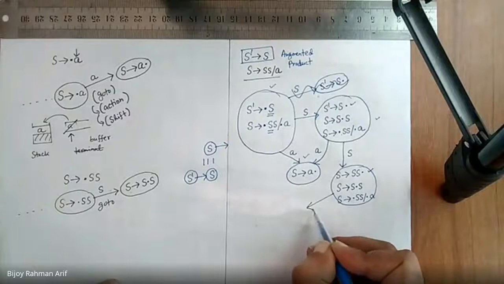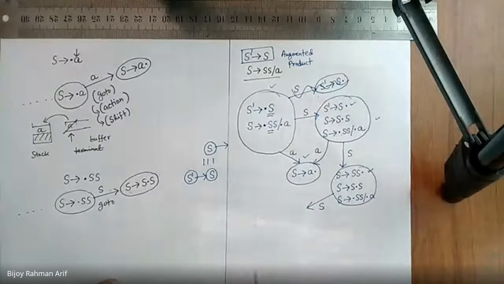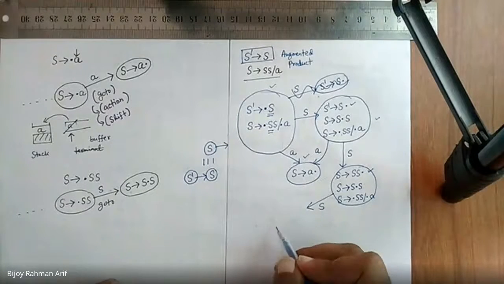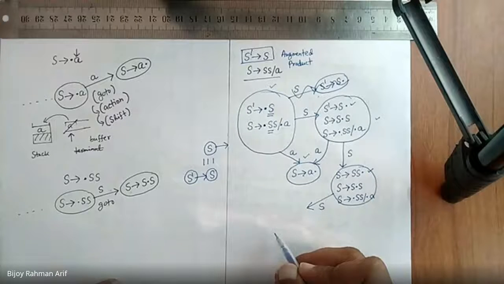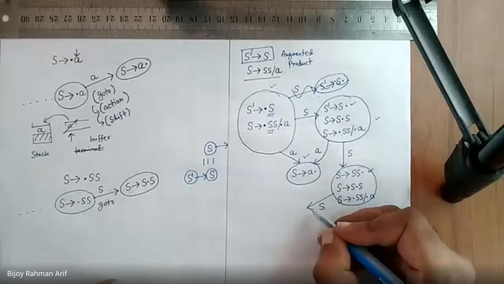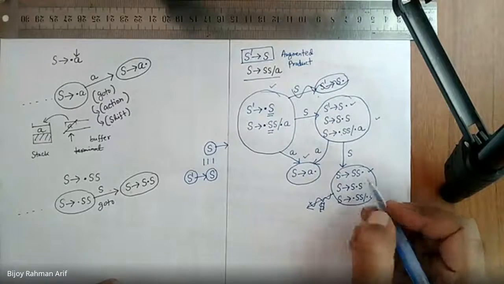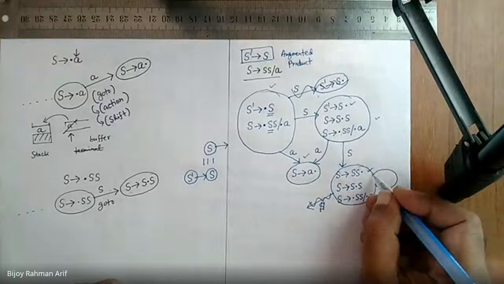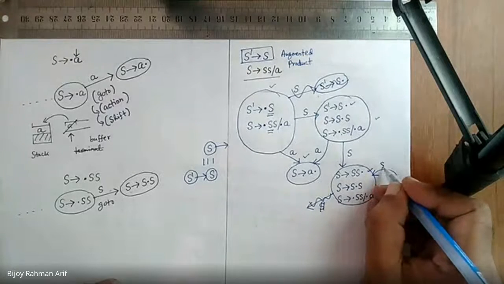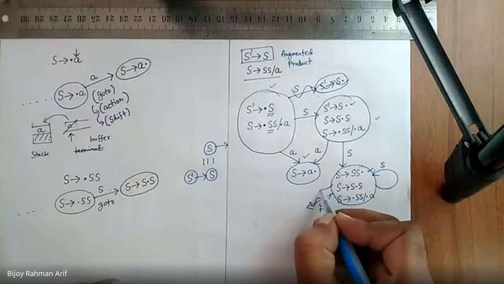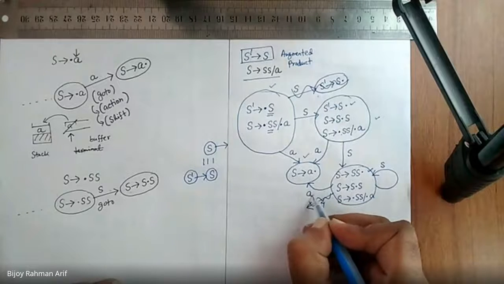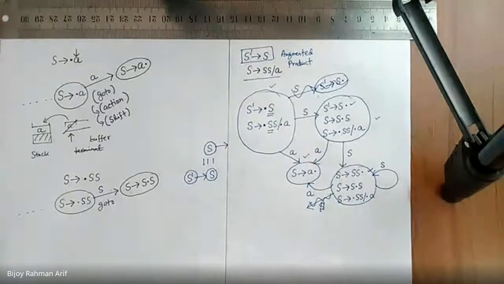So, moving on S, I'm returning back to itself. The same thing. And moving on A, I'm going to the same state. So we are done. Now we are complete.